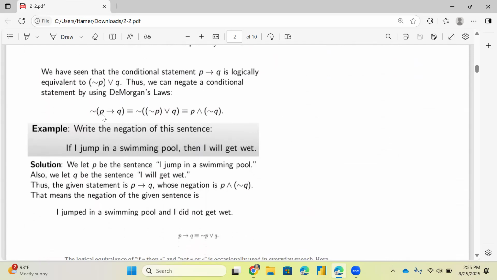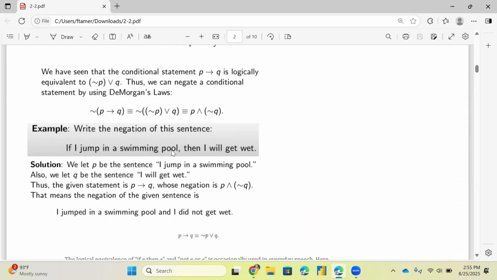First, for if P then Q, we write its equivalence, which is not P or Q. Now, when negating it, we take the negation of not P, which is just P, the negation of or is and, and the negation of Q is not Q. So P and not Q. This is how we can write the negation of this sentence.